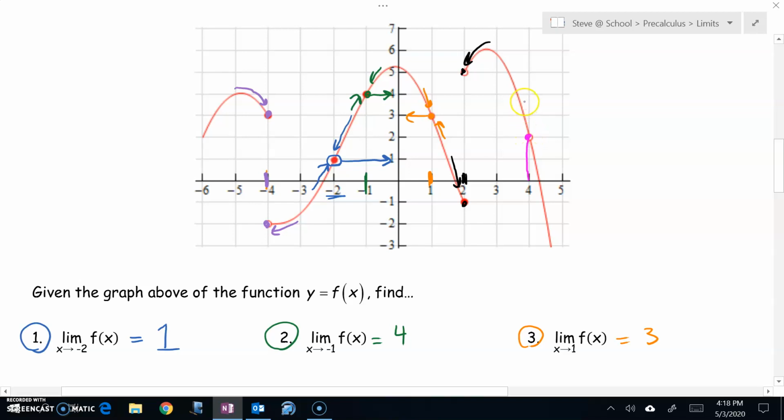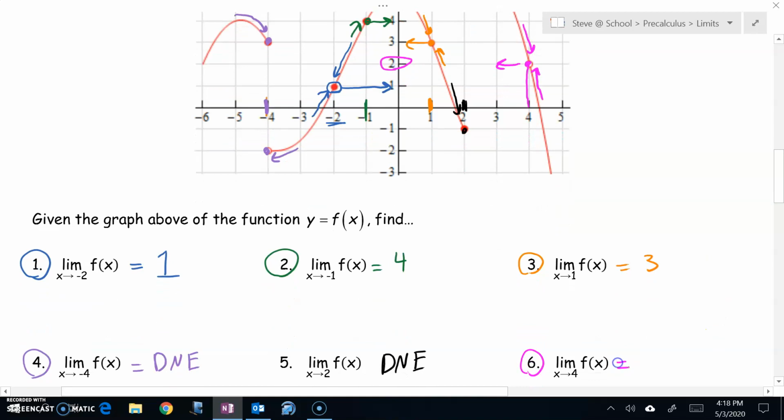So if I'm on this side of the line and pinching towards x of 4, and this side of the line pinching towards x of 4, you should notice that we're pinching towards a y value of 2. So that means that even though there's a hole there, it doesn't matter. It's all about what are we approaching. We're approaching a value of 2.